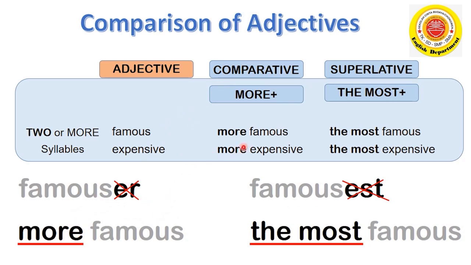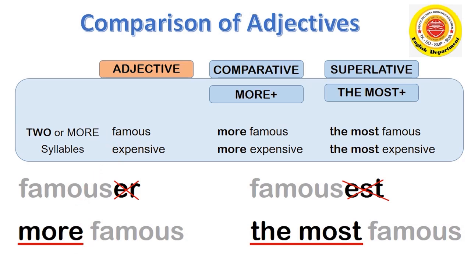Dan untuk superlative, famous menjadi the most famous. Kita tidak pakai famouses, tapi kita menggunakan the most famous. Ini untuk adjective yang terdiri dari dua suku kata ataupun lebih.